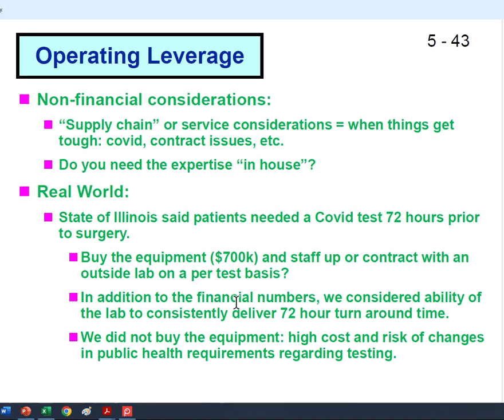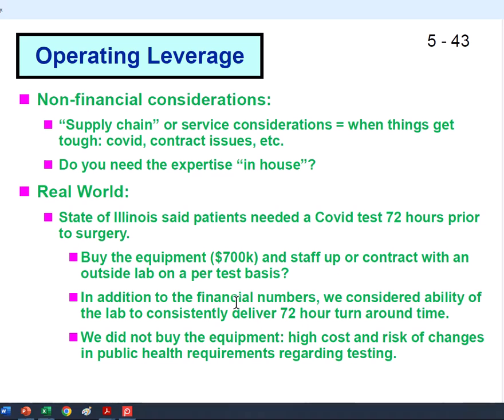So it was $700,000 for a machine, and then we had to hire lab techs, or we contracted it, paying Quest per test, and I can't remember what we paid. Some of it was reimbursable, some of it wasn't, or we could buy the equipment and bill. It really is neither here nor there.